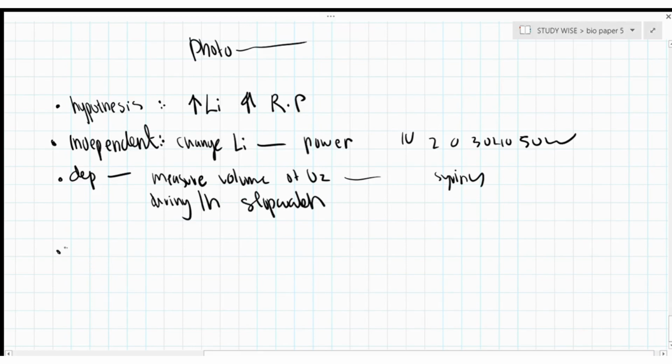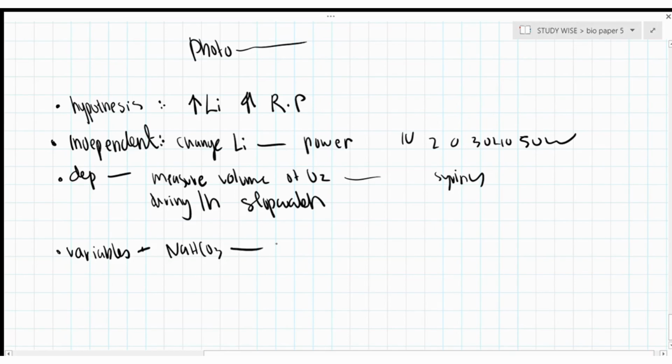And then variables to be standardized. For example, you need to standardize the amount of carbon dioxide it's consuming. You're going to do that with sodium hydrogen carbonate. This is what you're going to be standardizing, and you need to say how you're going to standardize it.